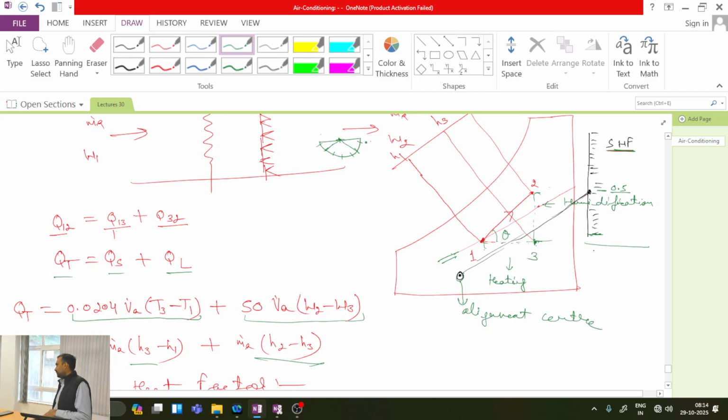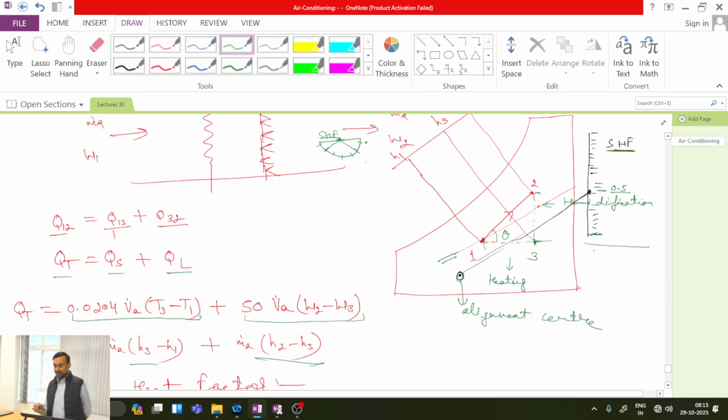Is this one clear? And of course, these slopes will be a function of the value. So this side will be applicable for dehumidification processes, and this side will be applicable for humidification processes. Is this one clear? So this type of sensible heat factor scale you may also find in some of the psychrometric charts.